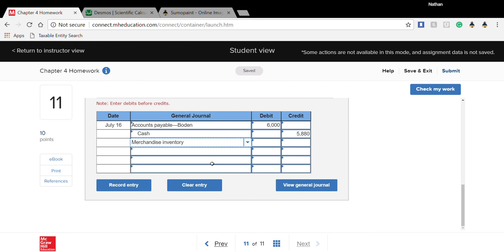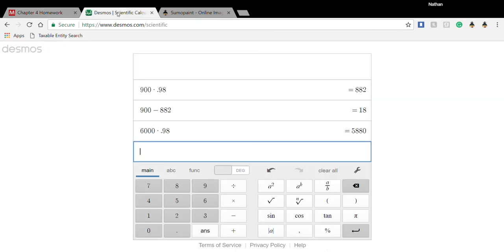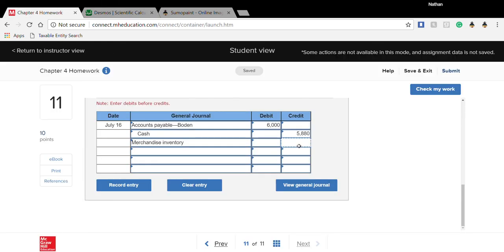Of course, we'll have shipping involved, but for this transaction, $5,880. So again, all we're going to do is take the difference of the two to balance everything out. So 6,000 minus 5,880 equals 120. Okay, so 120. Boom, everything's balanced.